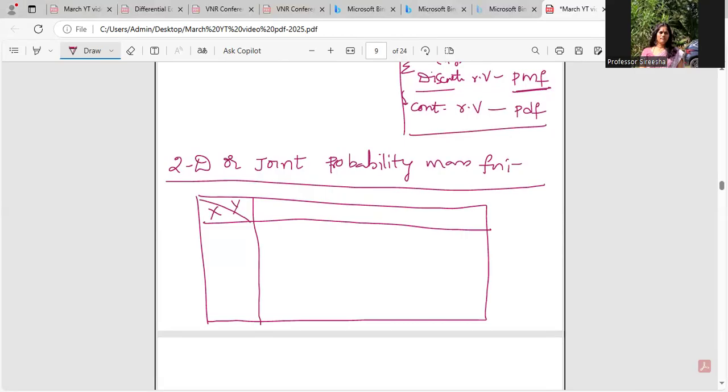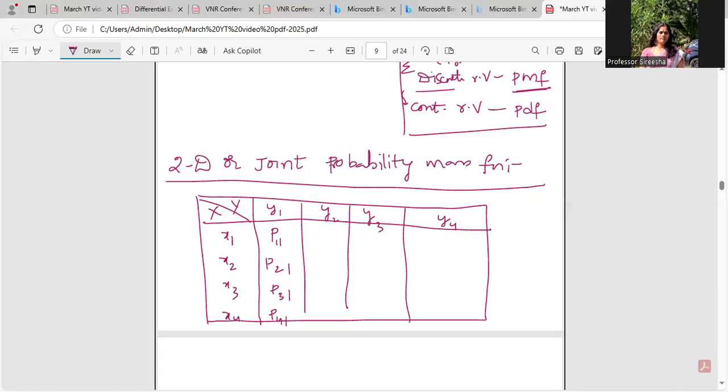X is towards this side and Y is towards this side. So I'll be having Y1, Y2, Y3 and Y4. Let's suppose I am taking only till Y4. Similarly here, X1, X2, X3, X4. Both need not be the same, but here I am doing it like that. Now you see here, the probabilities associated will be something like this: P11, P21, P31 and P41. X is 4, Y is 1.